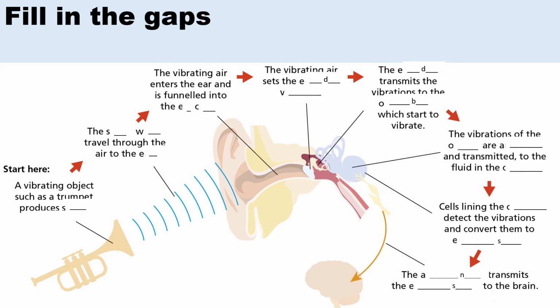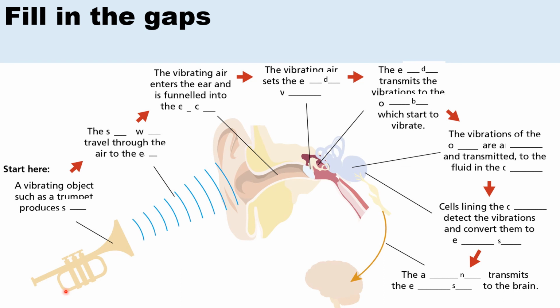The vibrations of the something are a something and transmitted to the fluid in the something. Cells lining the something detect the vibrations and convert them to something something, and the something something transmits the something something to the brain. So take 5 minutes just to fill in these gaps. I've given you the first letter to help you out. So off you go.